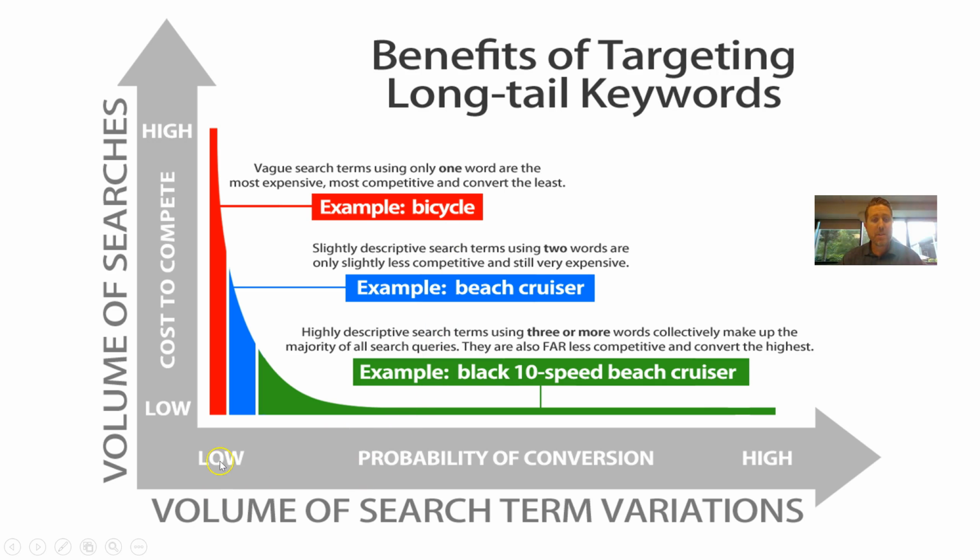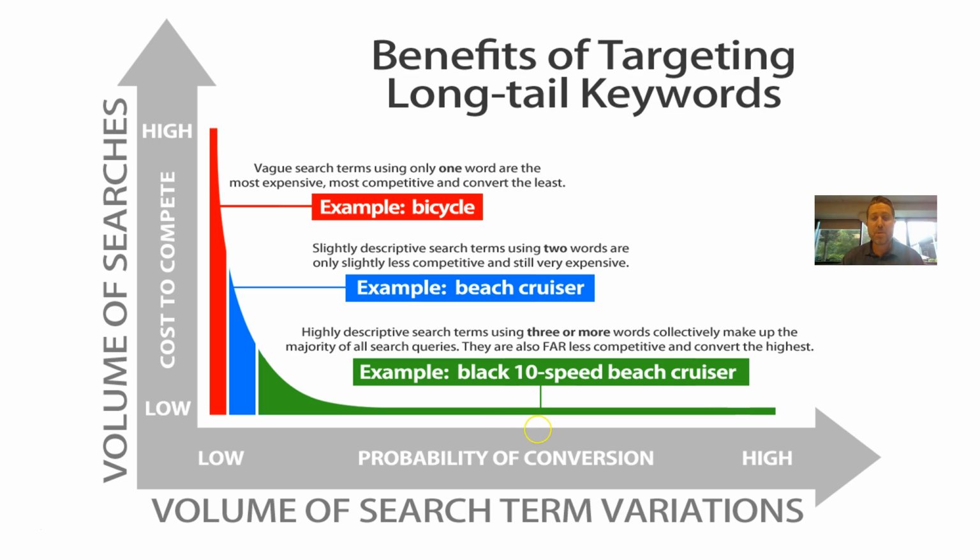Whereas down here on this arrow, we have the probability of conversion, the volume of search terms, okay? So as we get more specific with this term bicycle and actually use a phrase like black 10-speed beach cruiser, okay? Not very many people are actually going to be searching for this actual term. But the people who are and the people who are advertising are going to be the perfect match for each other.